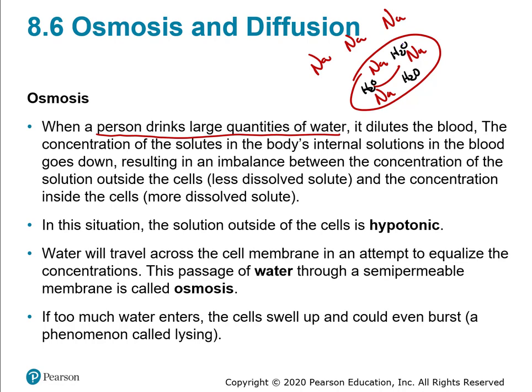But now if a lot of water comes in, now compared to, that's H2O, compared to the water, the salt molecules, do you see that now it looks like there's more water outside? So that is going to dilute the salt. So there's twice as much water, so that salt then is lower in concentration compared to inside.